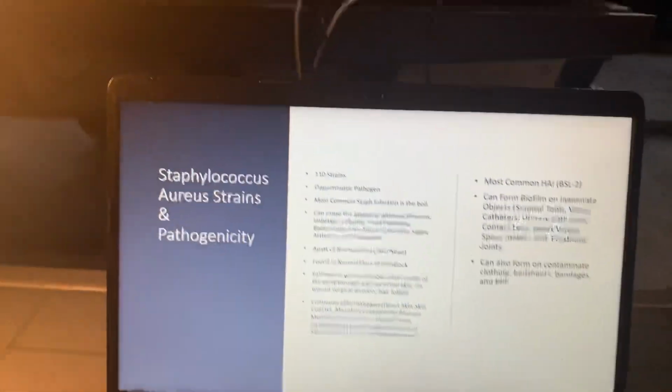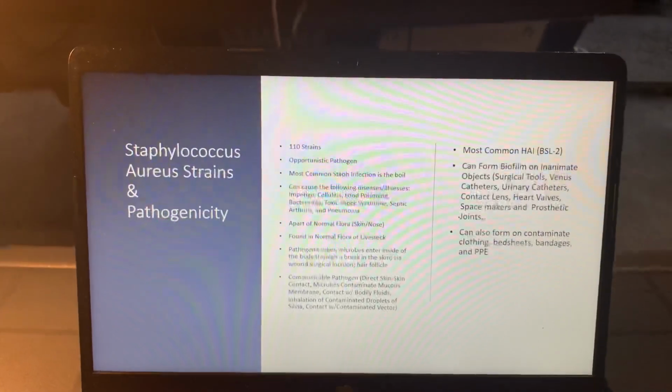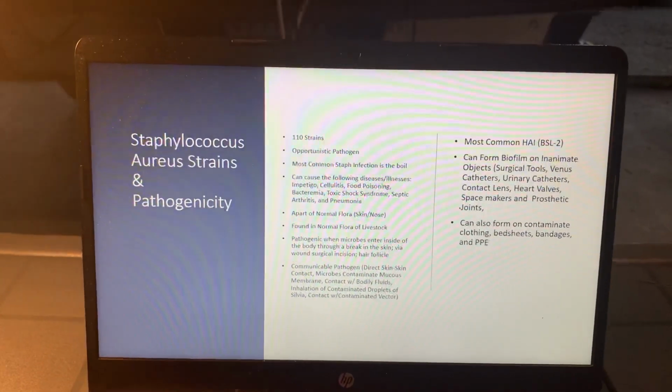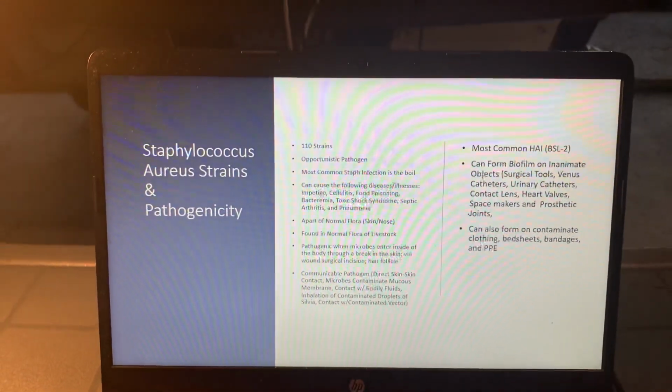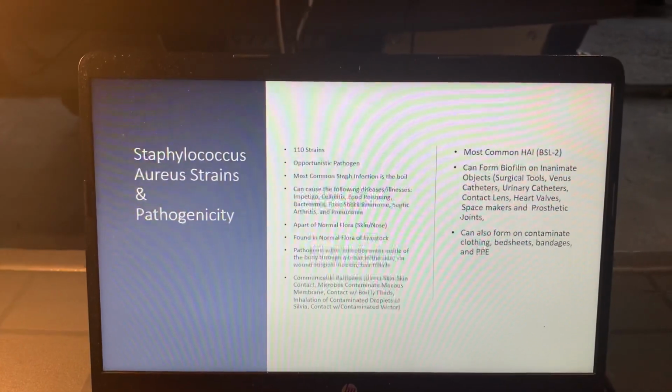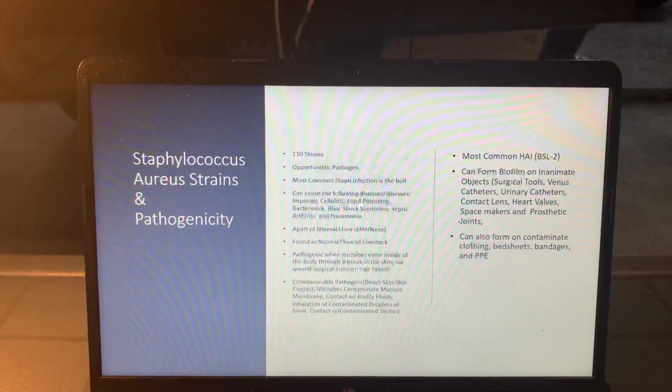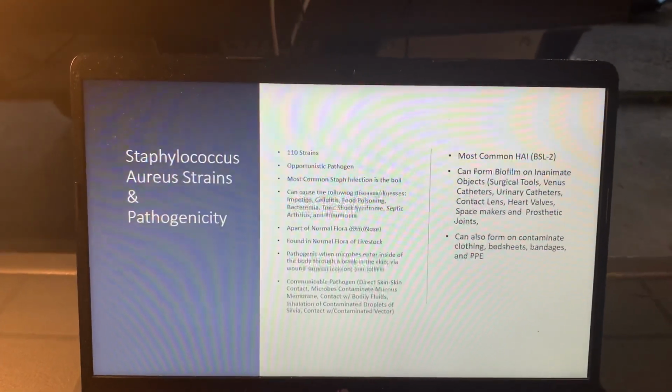Staphylococcus aureus strains and pathogenesis. It has roughly 110 strains. It is an opportunistic pathogen.